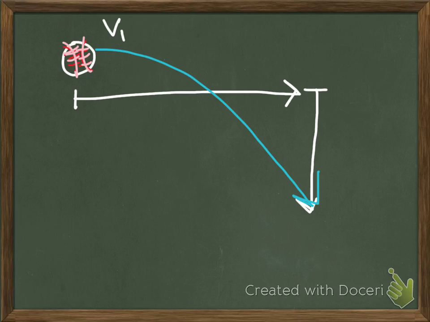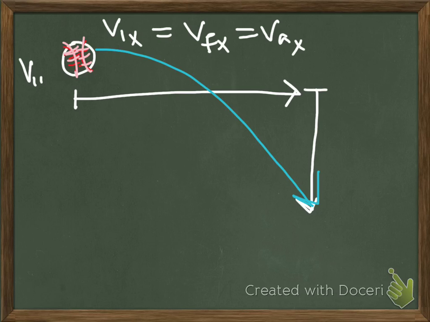They're saying if this was thrown horizontally, straight out. So that would be VIX or VIY? VIX. So this is VIX, and we know that VIX is going to equal VFX, and it's going to equal VAX. Velocity on the x-axis is not changing.